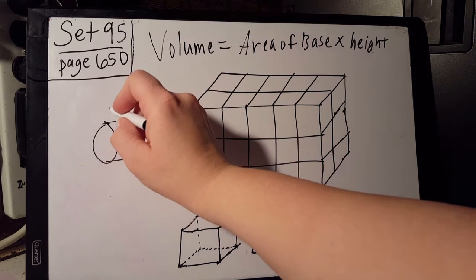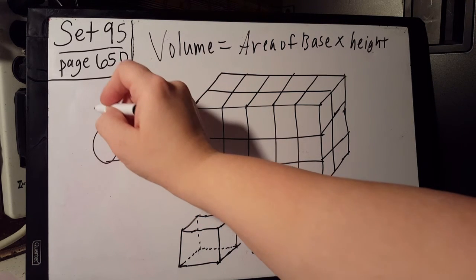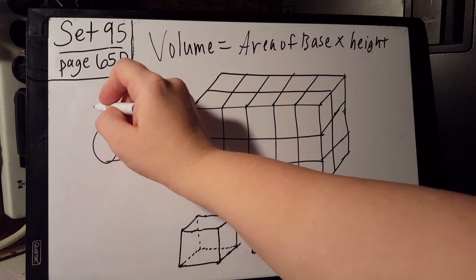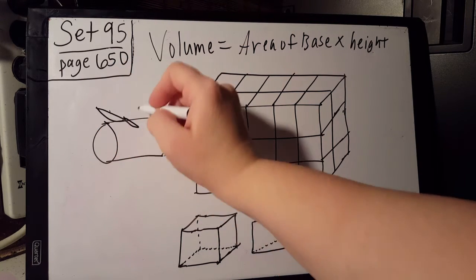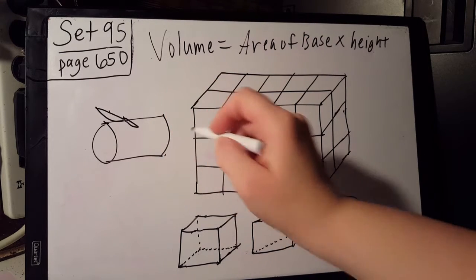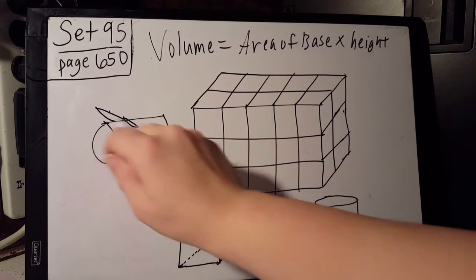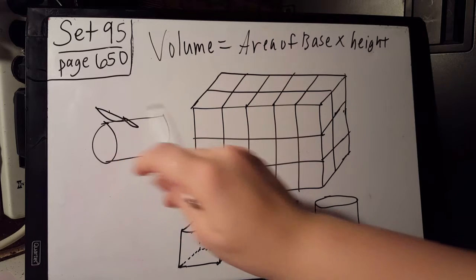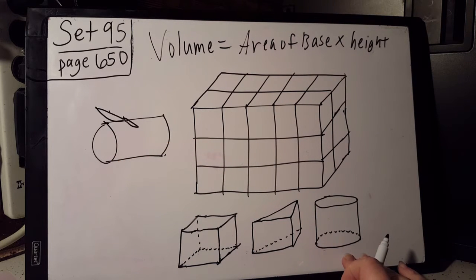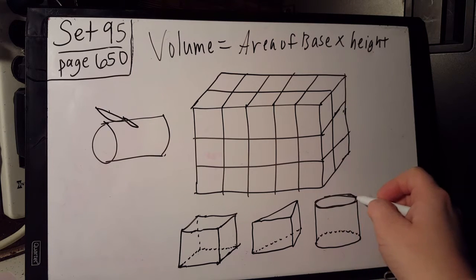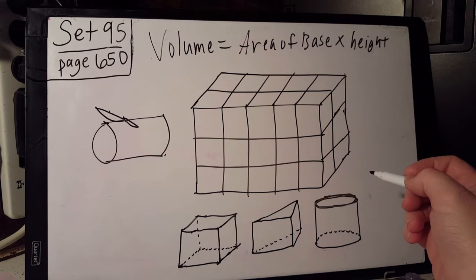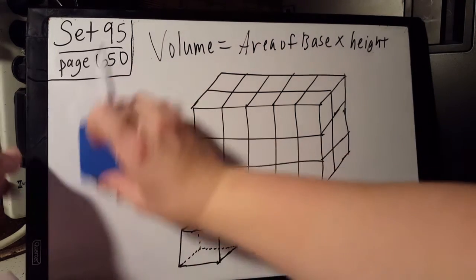If you took your knife and cut directly through here and went down, you would get a whole bunch of circular little shapes. So your base is the actual circular shape. In this case, the circular shape would be on top. So this is your base of the right circular cylinder.